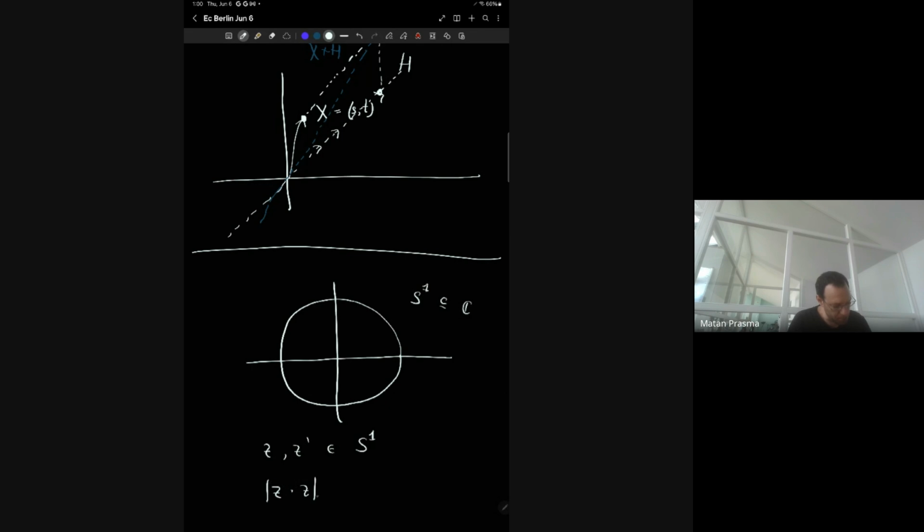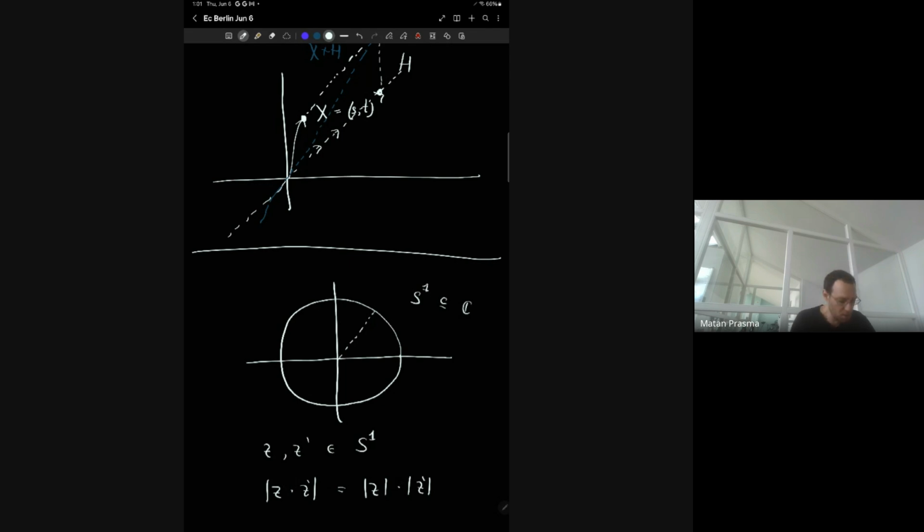The complex norm of z times z prime is going to be equal to the complex norm of z times the complex norm of z prime. Complex norm is simply the distance from the origin.